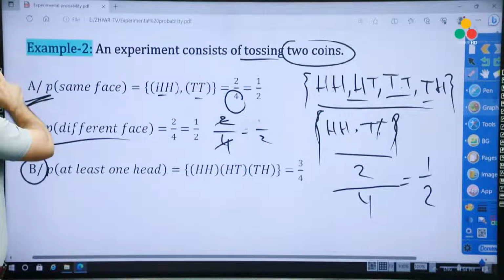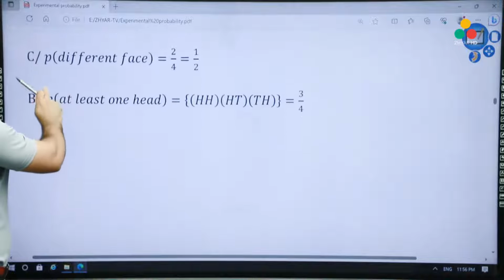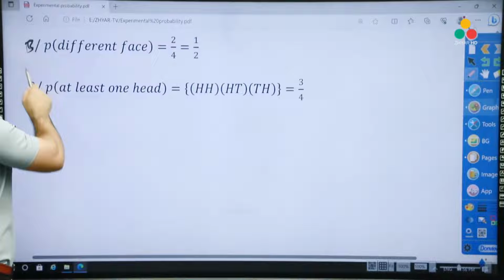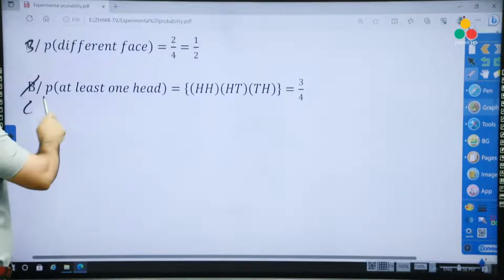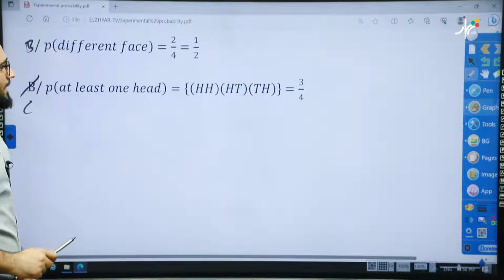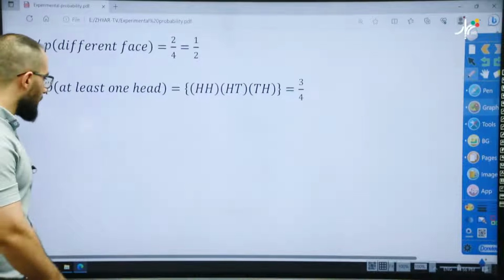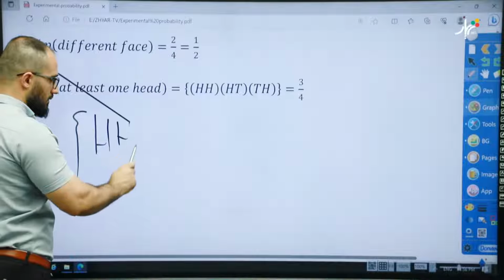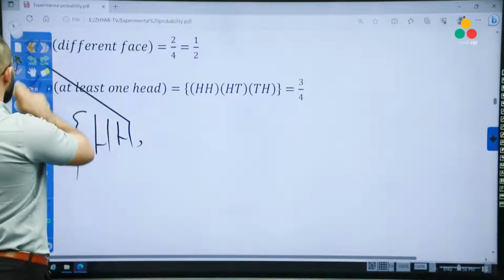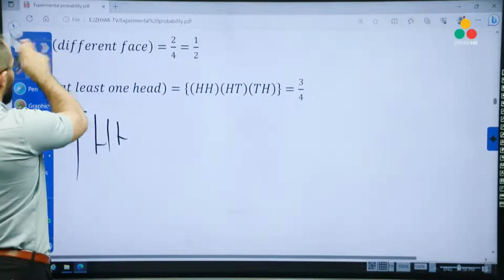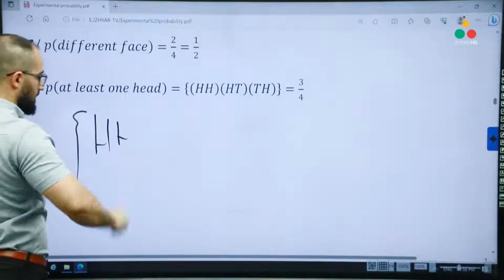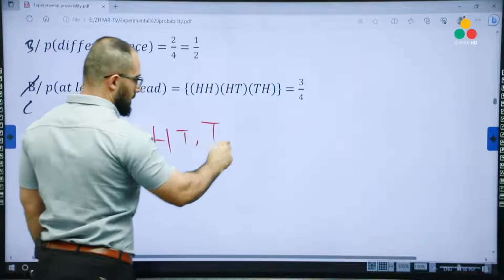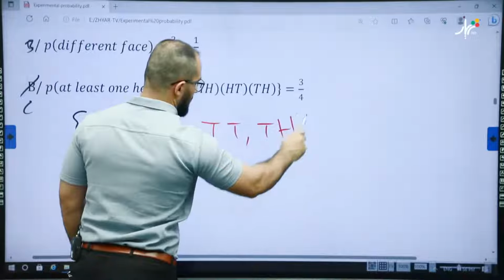Then, the last question. This is B. This one is C. The probability of at least 1 head. At least 1 head. Again, I'm going to write the outcomes. HH, HT, TT, TH.